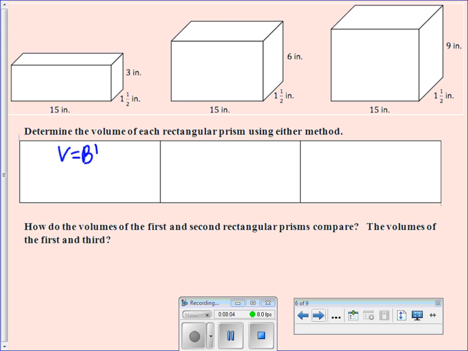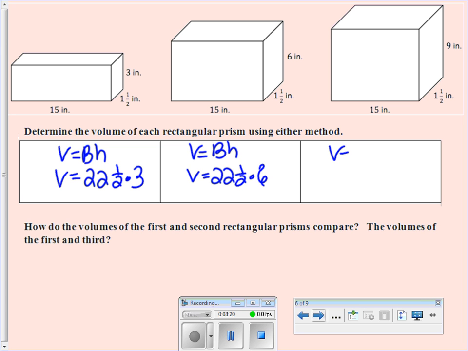So volume equals base times height. I already know that my base is 22.5 because we solved that on the other page. Remember, when we're multiplying fractions, we have to change them to mixed numbers.